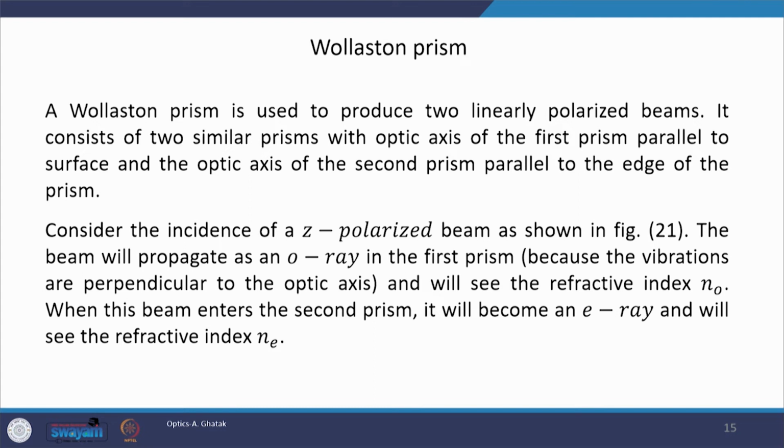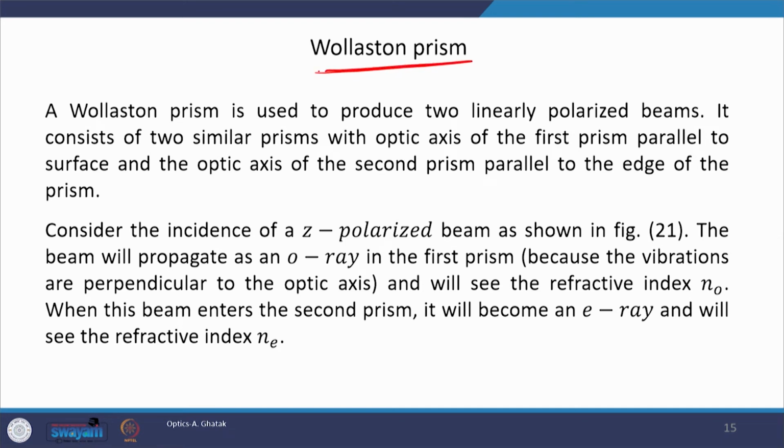Now, in this method we have also talked about polarization produced by birefringent or double refracting material. Now, using these birefringent materials we can devise different types of devices, and one such device is the Wollaston prism. Okay.